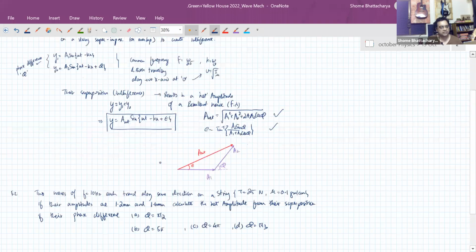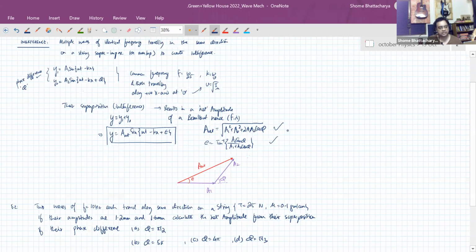Now, after having seen this, we had also seen the concept of constructive and destructive interference. The maximum possible amplitude is A1 plus A2, and that occurs when phi is of the type 2n pi, where n is an integer. Whereas the minimum possible amplitude we saw was the difference of the two. That happens when the phase difference is an odd multiple of pi.